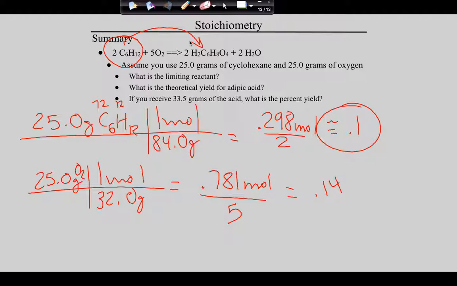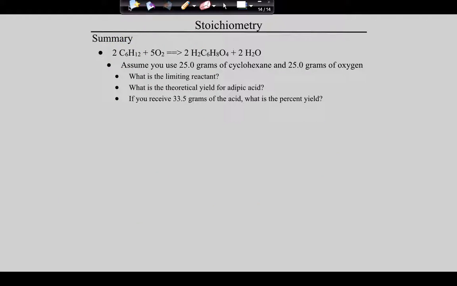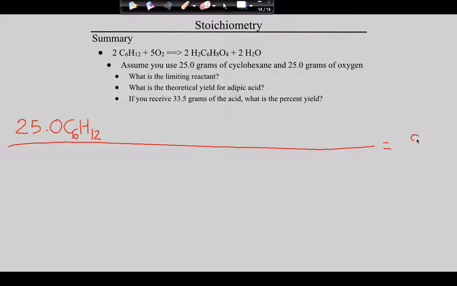In order to solve that problem, it's a mass-mass problem. So we start with 25 grams of C6H12. What we want to know is how many grams of adipic acid can we form?